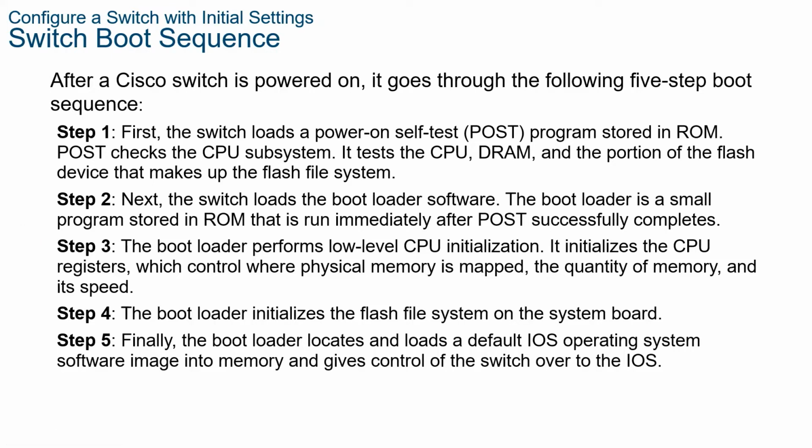It initializes the CPU registers, which control where physical memory is mapped, the quantity of memory, and its speed. The bootloader then initializes the file system on the system board. And finally, the bootloader locates and loads a default IOS operating system software into memory and gives control of the switch over to the IOS.